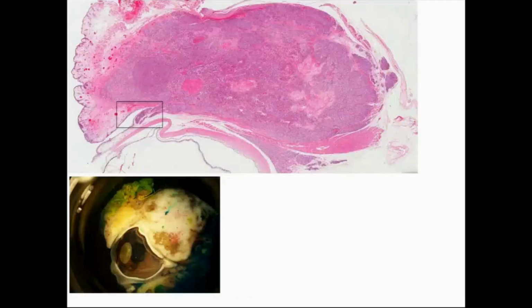What is important with these lesions is that they can be multicentric, and furthermore they can spread via pagetoid spread within the surface epithelium. So this is a massive, poorly differentiated and necrotic sebaceous carcinoma, and this is the corresponding macroscopic specimen.